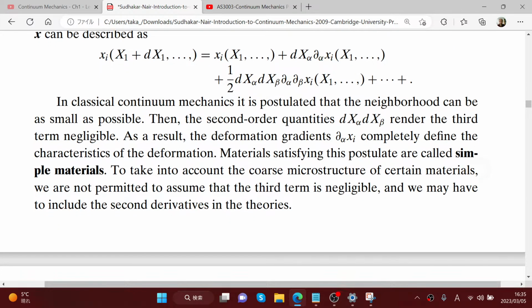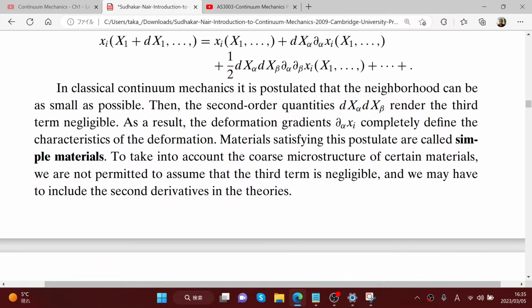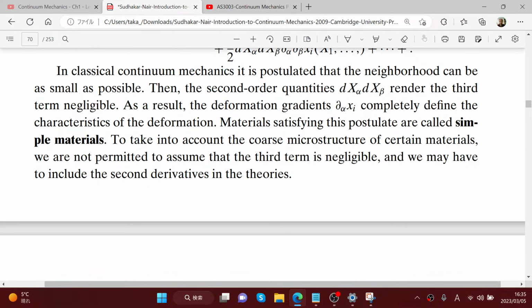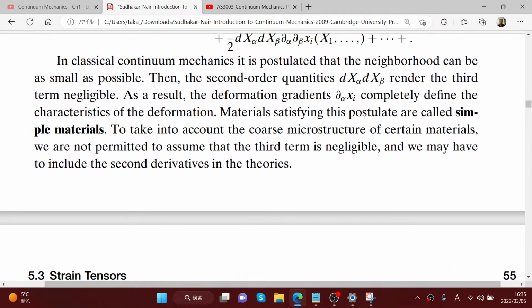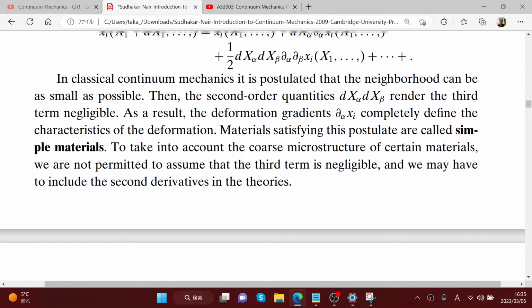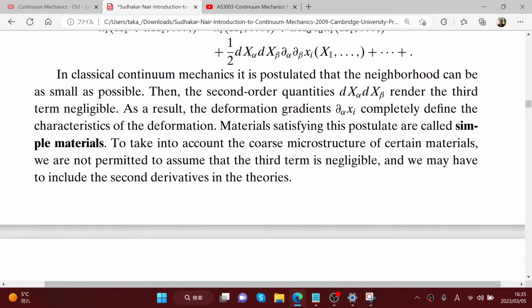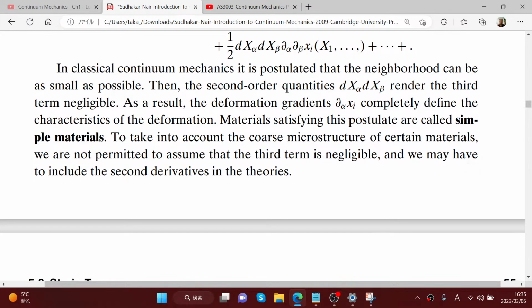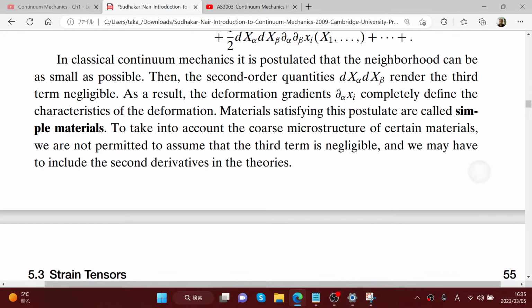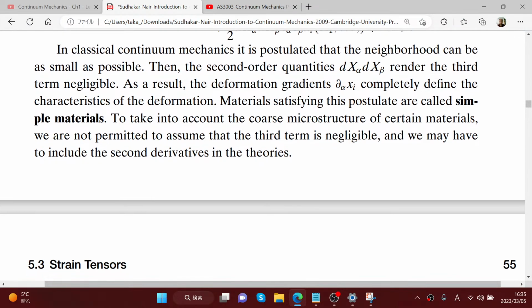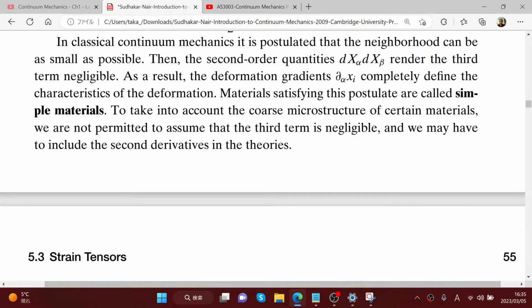In classical continuum mechanics, it is postulated that the neighborhood can be as small as possible. Then the second order quantities dx alpha dx beta render the third term negligible. As a result, the deformation gradients partial alpha xi completely define the characteristics of the deformation.